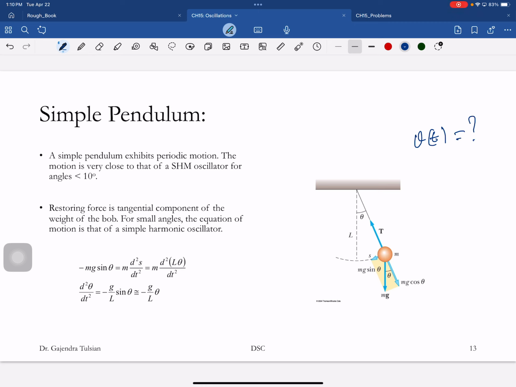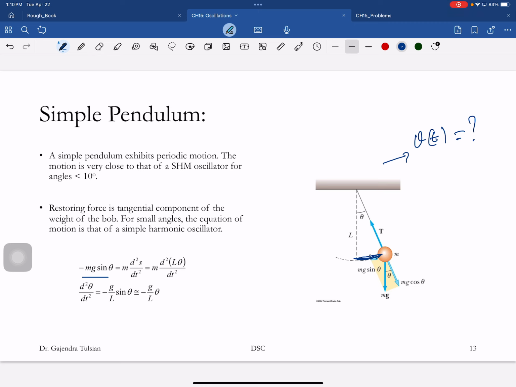No matter what you do and you let go, what we want to know is the angular position of the pendulum as a function of time. So again, we'll talk to Mr. Newton and see what he tells us. There is the restoring force, and that is equal to mass times the acceleration. His position is measured as S from the equilibrium position, so d square S by dt square.